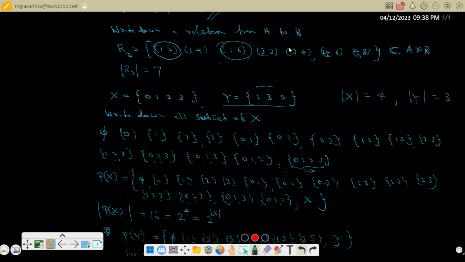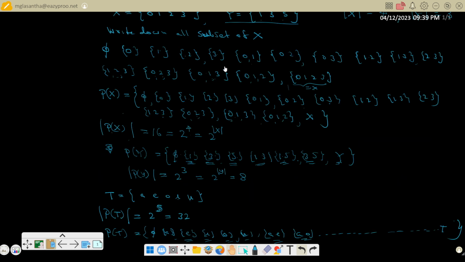These are not curly brackets, no? Therefore, (2, 3) is one element or member of R2. Capital X is a set, capital Y is a set. Is it okay?